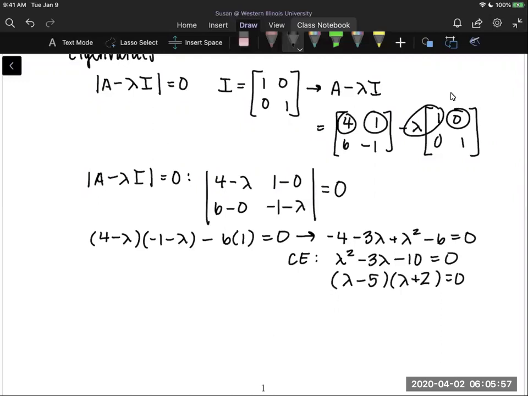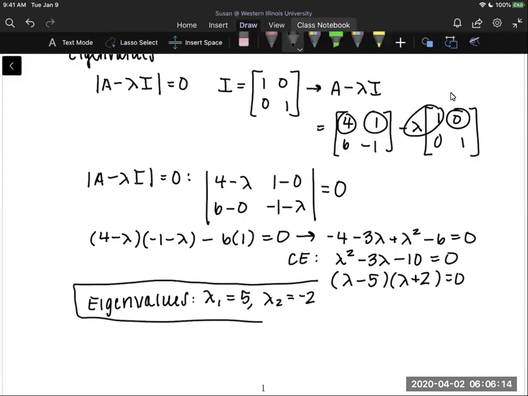So what we get are the following eigenvalues. Lambda 1 equals 5 and lambda 2 equals negative 2. Let me box those in. That was the first thing we were supposed to find, the eigenvalues.